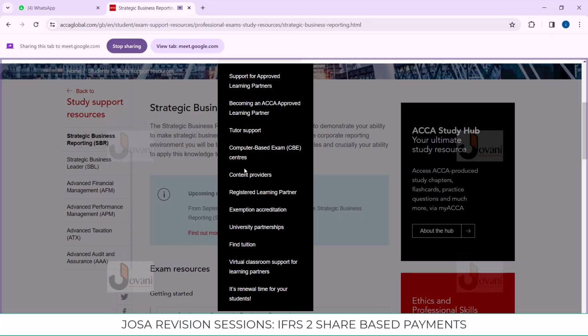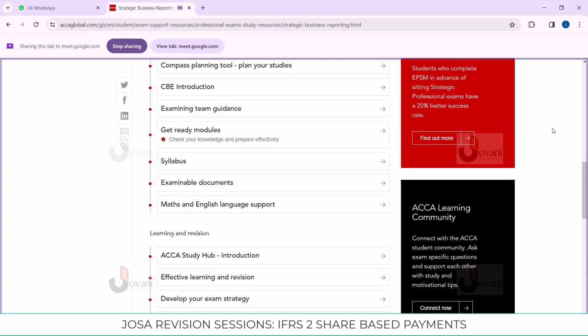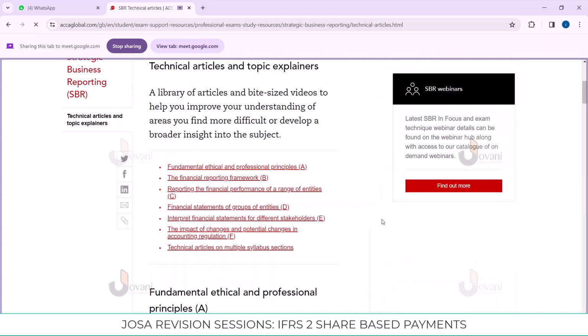Yes, we've seen these. We've seen the examining team guidance, very important, the syllabus. But today we are interested not even in examiners' reports, but in technical articles. So we move now to the technical articles.